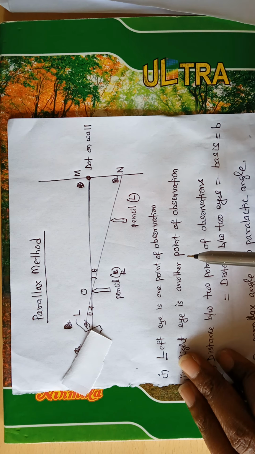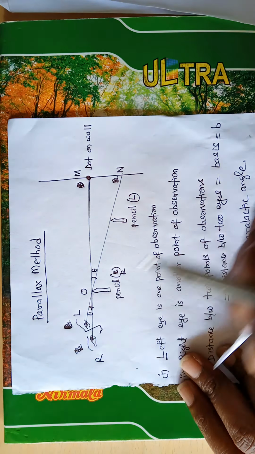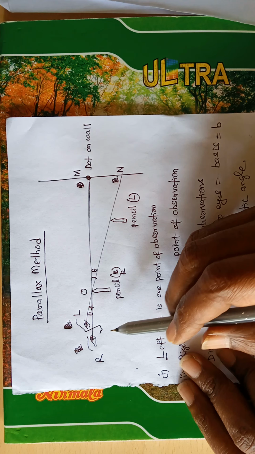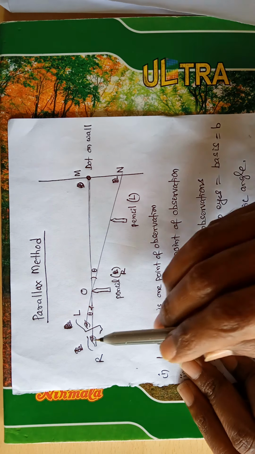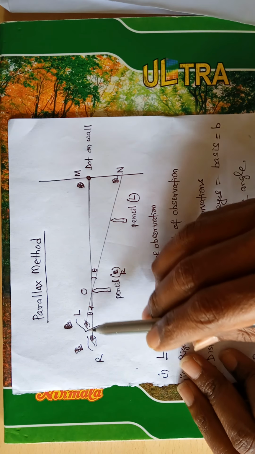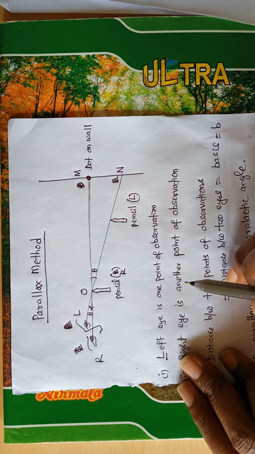This is parallax. This is known as parallax. See why this is occurring? The reason is the 2 points of observation are at a distance. That's why they did not coincide.